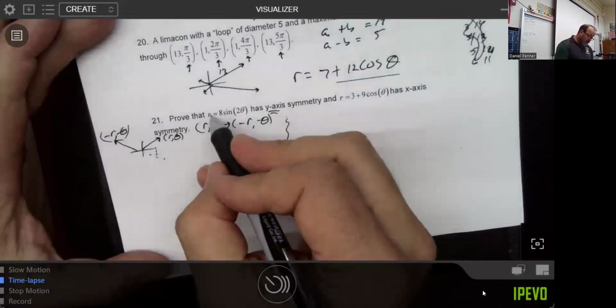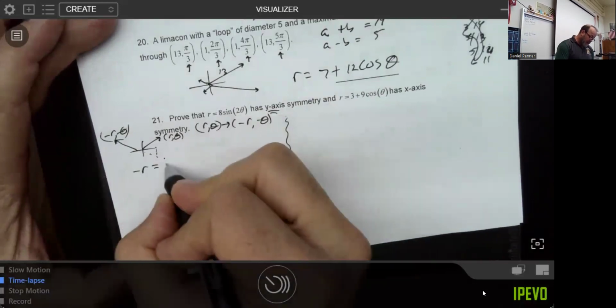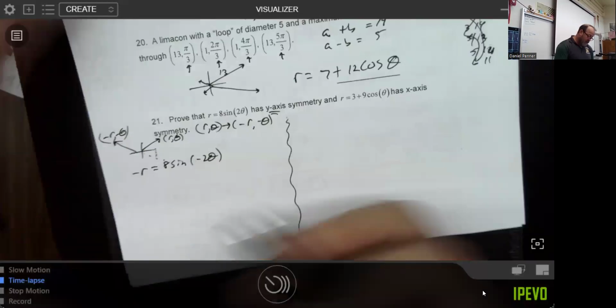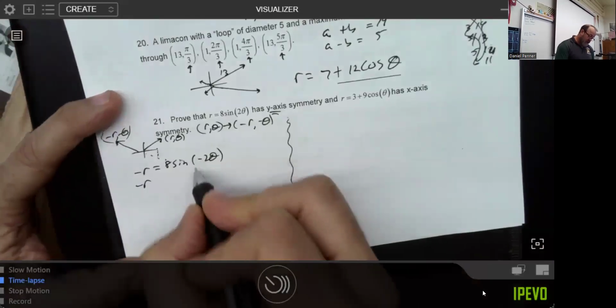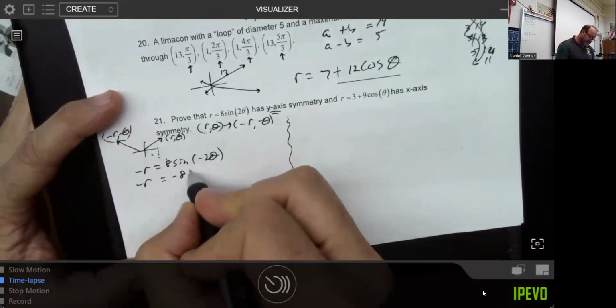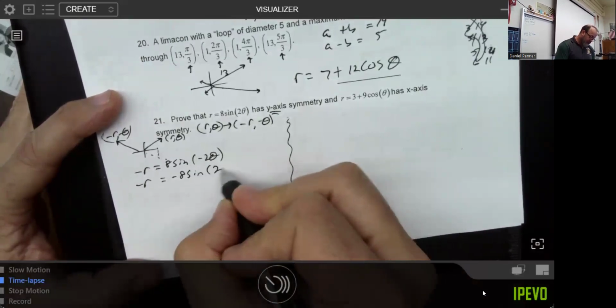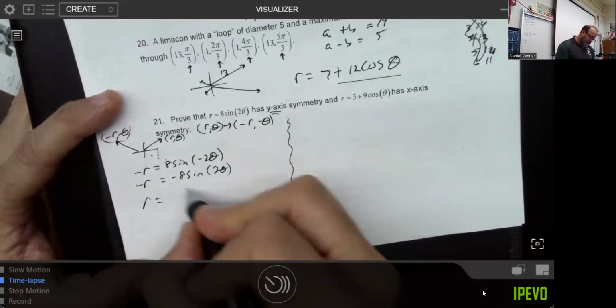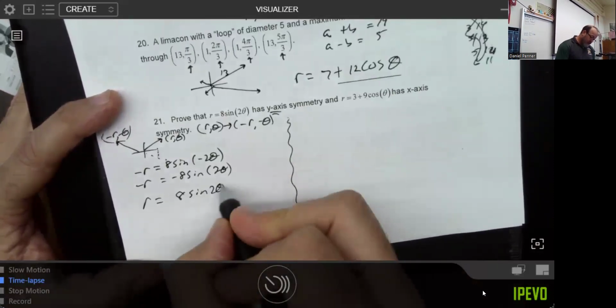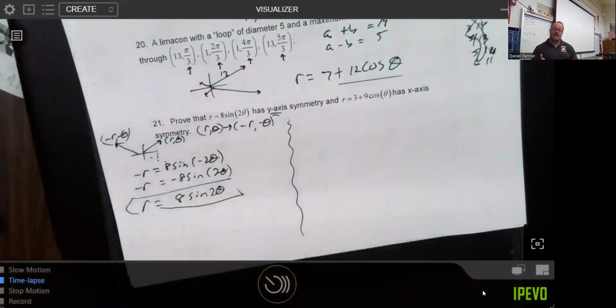So if I replace r with negative r, and I replace theta with negative theta, what I noticed is sine is an odd function, which allows that negative to pop in front. And I could just multiply both sides by -1. And that very quickly got me back to where I started, which demonstrates that this function actually has y-axis symmetry. And so I'm done.